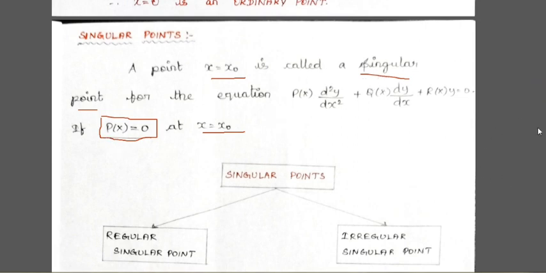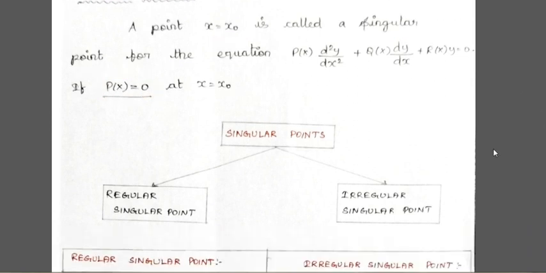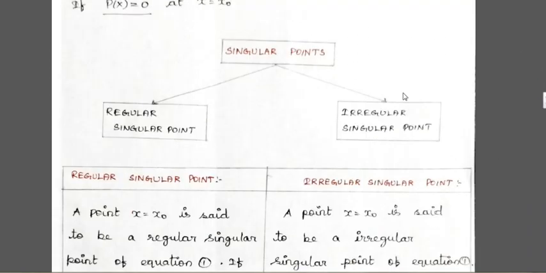Now, there are two types of singular points: the regular singular point and the irregular singular point. How do we find regular and irregular? If a point x equal to x naught is a regular singular point, then it must be a singular point.